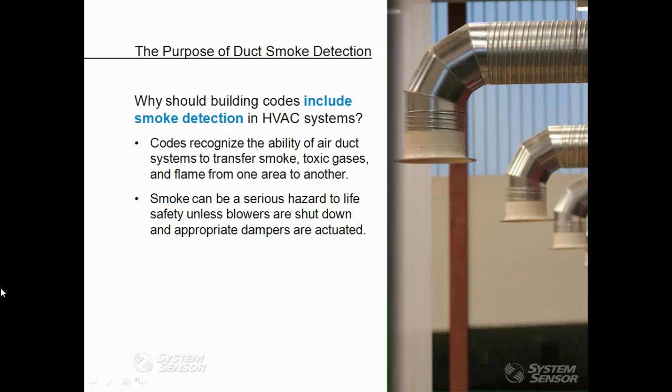The smoke and gases created in a fire event can pose a serious hazard to life safety unless the HVAC equipment such as rooftop units, fans, and blowers can be shut down and dampers closed to help decrease the spread of smoke and gases throughout a building.